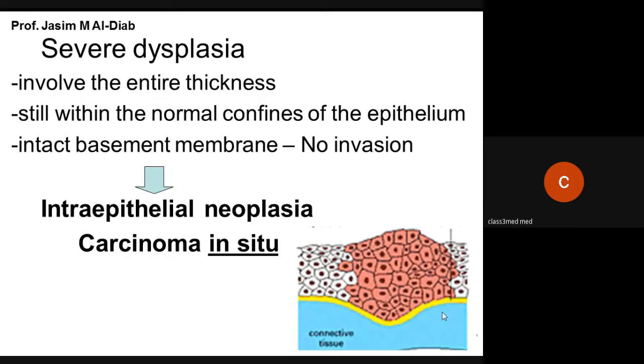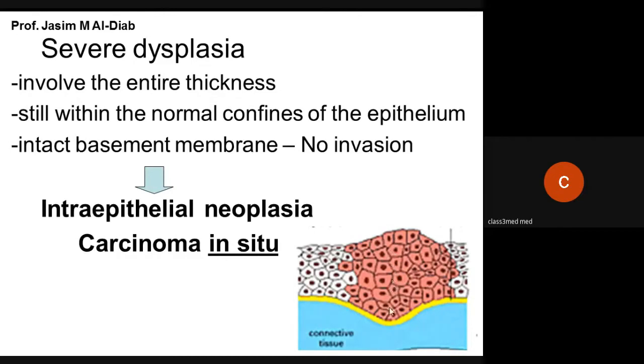And with the disorganization of the tissue, we called it dysplasia. The dysplasia here involves, this is the dysplasia. It involves the entire thickness of the epithelium. So it is severe dysplasia.